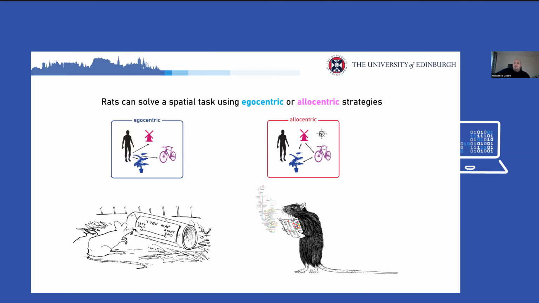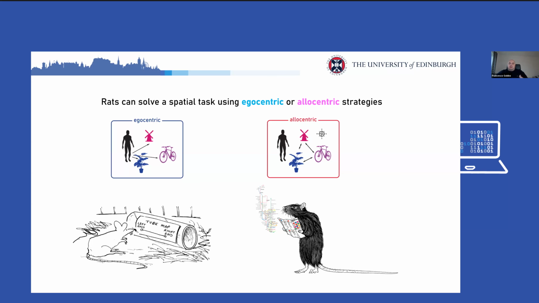In the egocentric case, for example, you define objects with respect to your own position. So for example, you remember that a library or a bicycle is to your right rather than to your left. Whereas in the allocentric way, you define objects with respect to their own position. And this is very similar to our experience when we use, for example, a map to navigate a novel city.